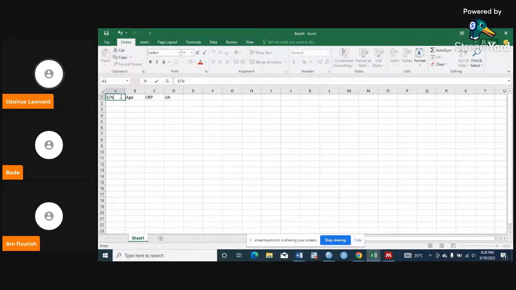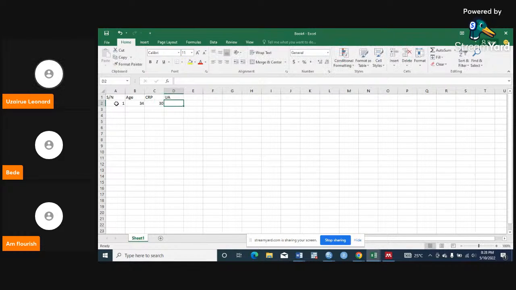I don't know how many was your sample, let's say 200, for example. This is the first patient. Let's say the patient was 34 years old. Was the C-reactive protein positive or negative? I used the quantitative data. Okay, quantitative, so let's say it was 30.